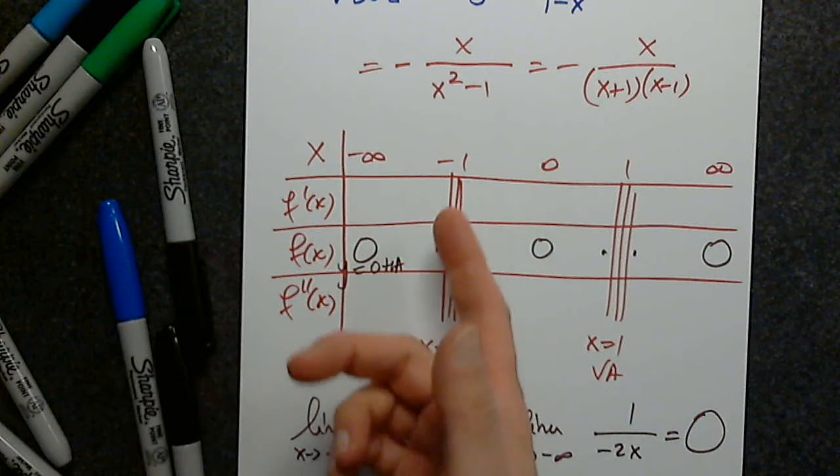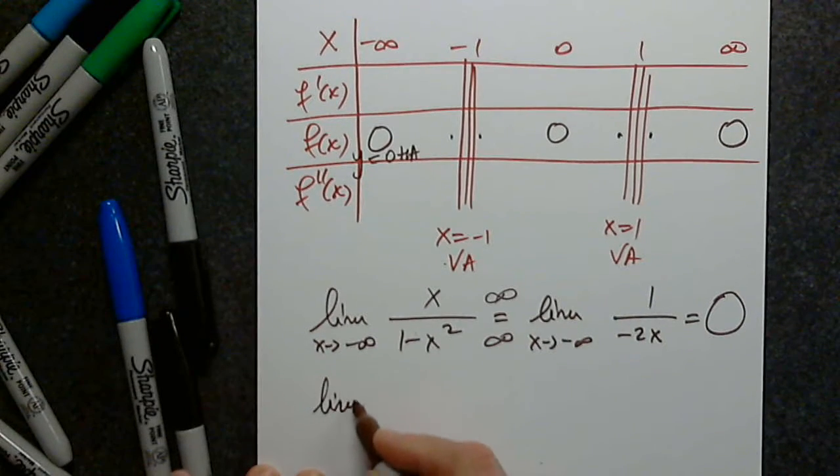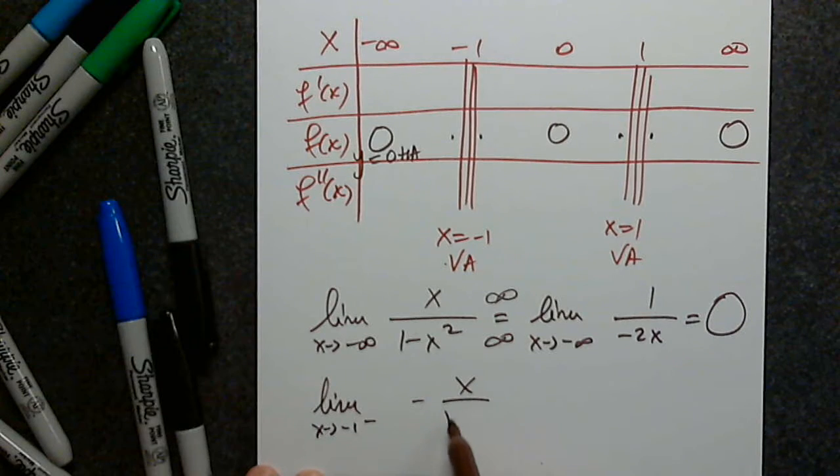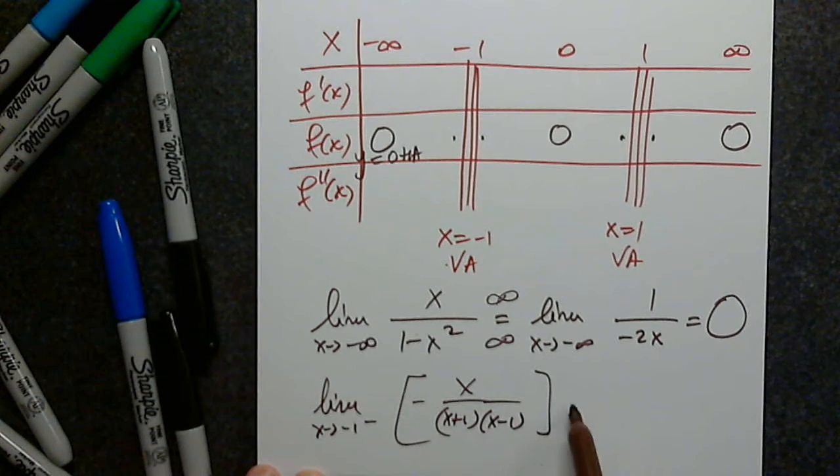So I have to find the limit as x approaches negative 1 from the left of negative x over x plus 1, x minus 1. And the same from the right, and the same from the left of 1, and the same from the right of 1.